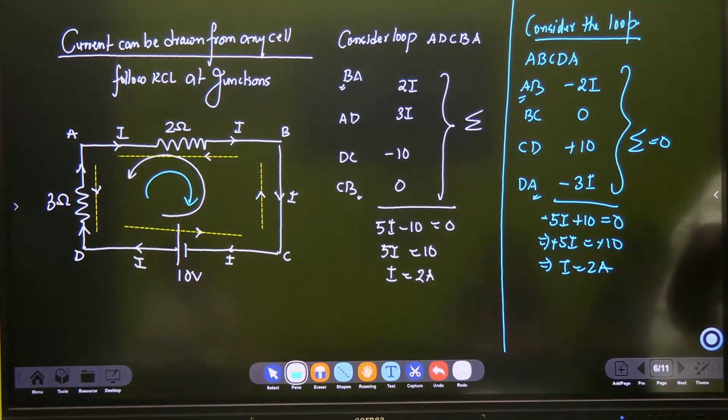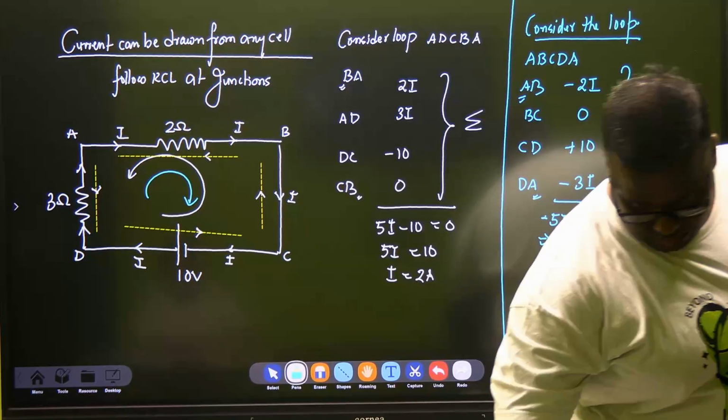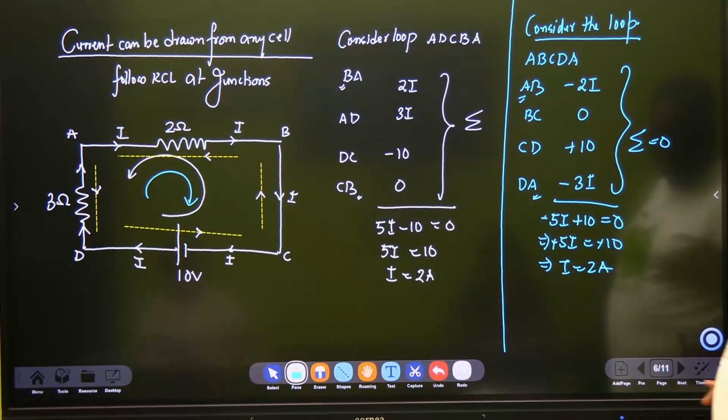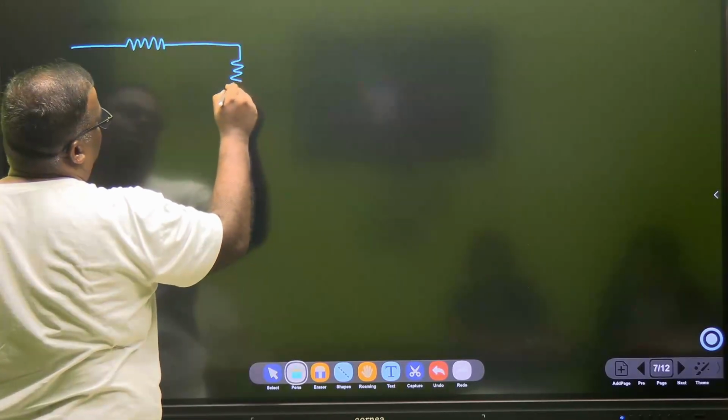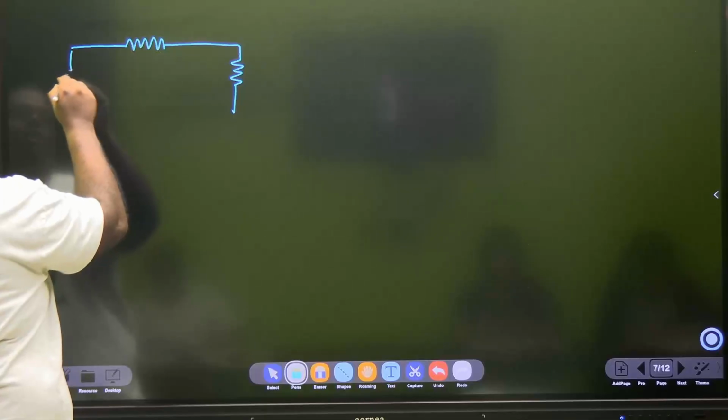So we'll see one more example now where we will bring two cells in the same loop. Single loop, double cell. Ready? Because these values match, therefore they make it easier to understand. Chalo, so let's make our circuit. Okay.